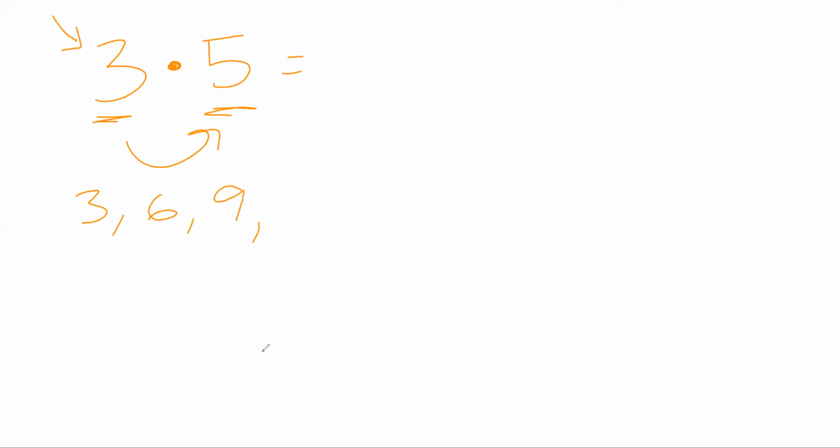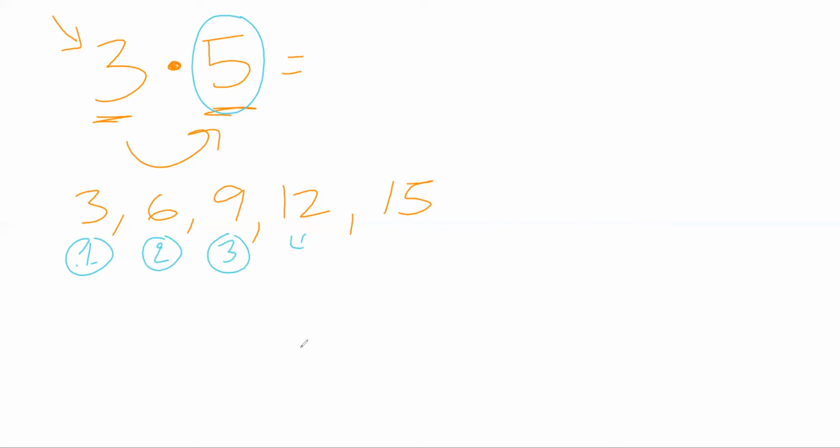This is me counting by 3s. 3, 6, 9, 12, 15. And you can see I did it 5 times. Here's the first time I did it, second time I counted, third time, fourth time, and the fifth time I counted. So 3 times 5 is 15.